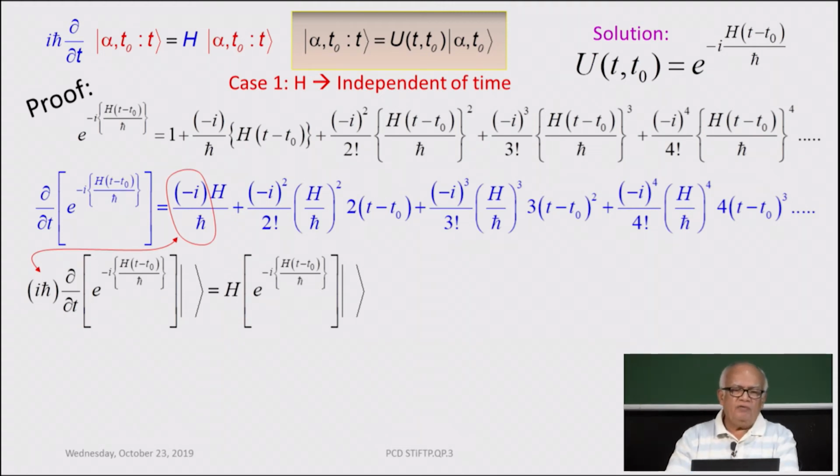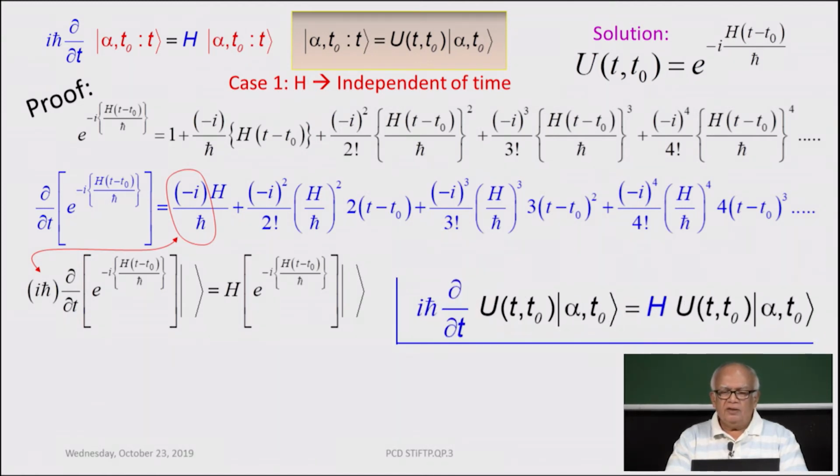Now if you multiply this whole result by i h cross, you can see that the solution that you had proposed, that the time evolution operator is given by this exponential operator, is in fact correct, because you recover the Hamiltonian operating on the time evolved state.